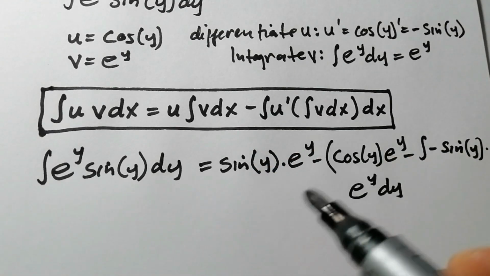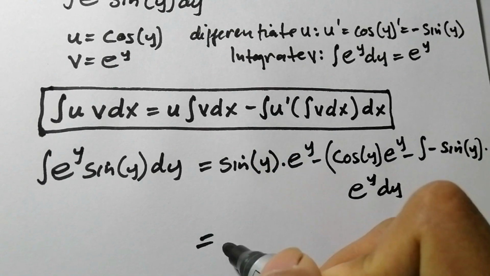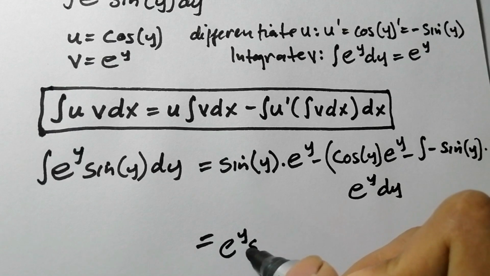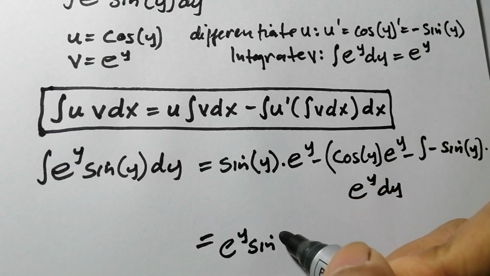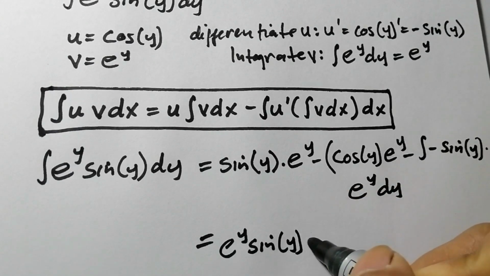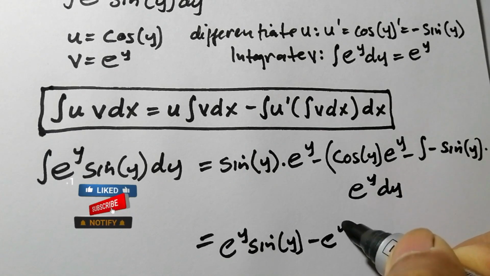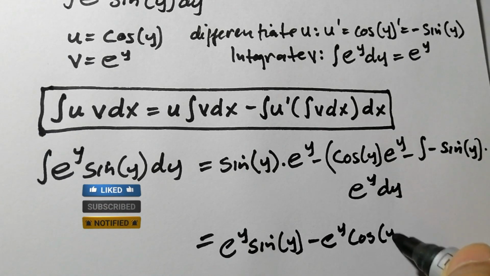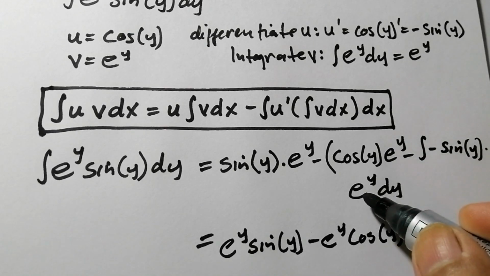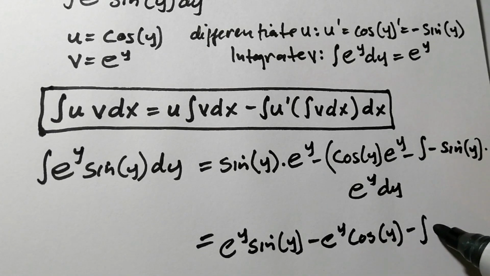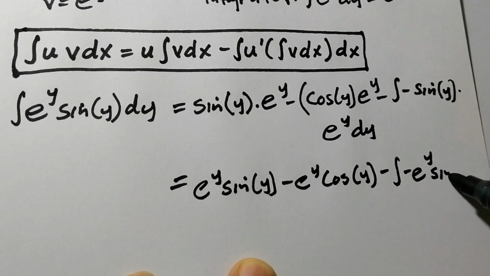Next, we will simplify now. We have e raised to y times sine y, minus e raised to y times cosine y, minus the integral of negative e raised to y sine y dy.